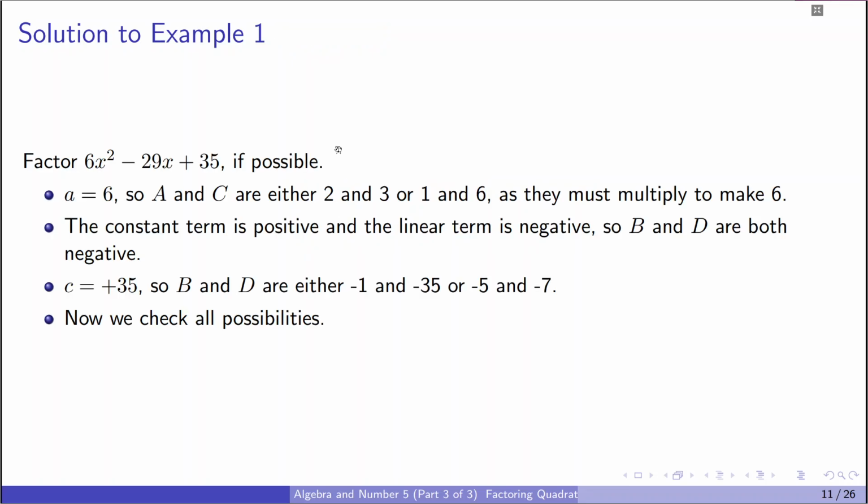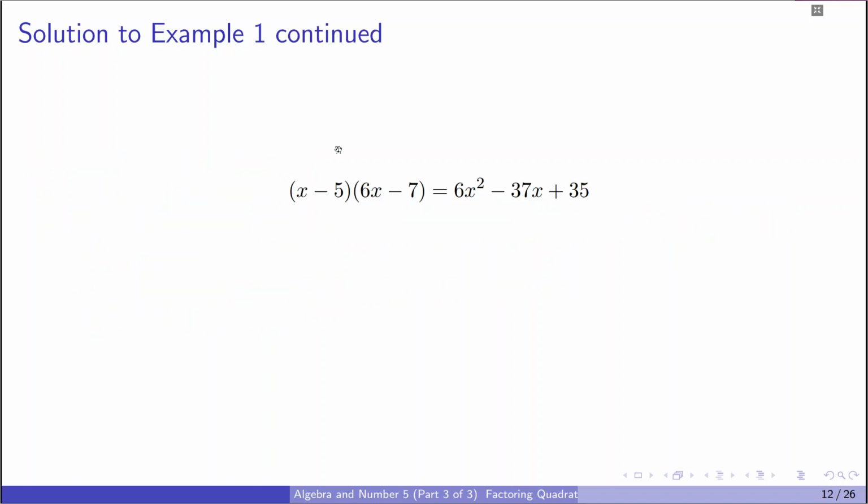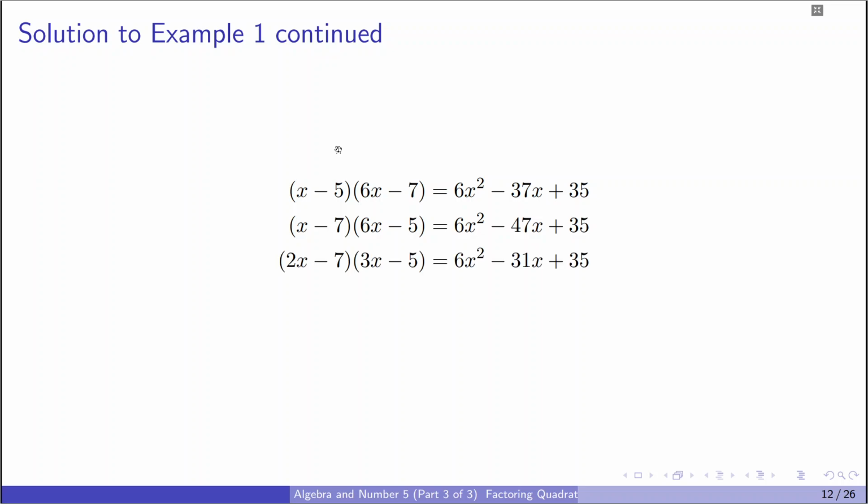Just to review, we're looking for a linear term of negative 29x. So this one does not work. If we change the 5 and 7 around, we get negative 42 minus 5, which is negative 47. Still doesn't work. So it doesn't factor as 1 and 6 with 5 and 7.